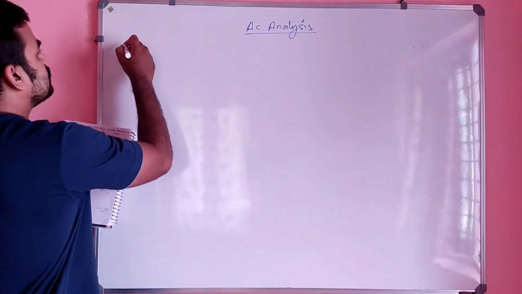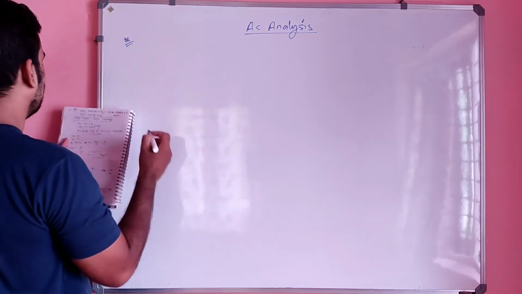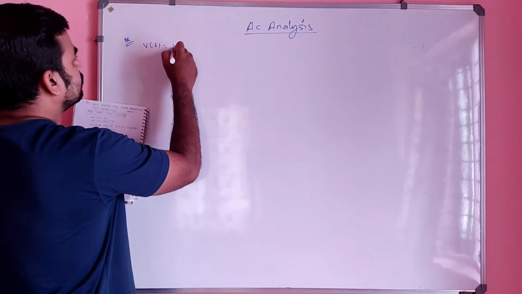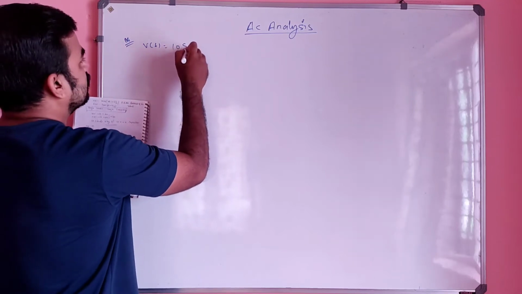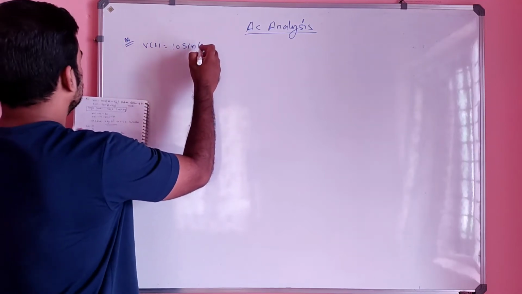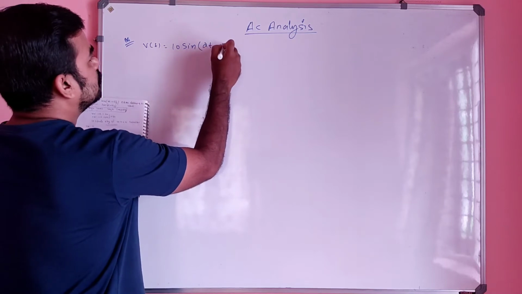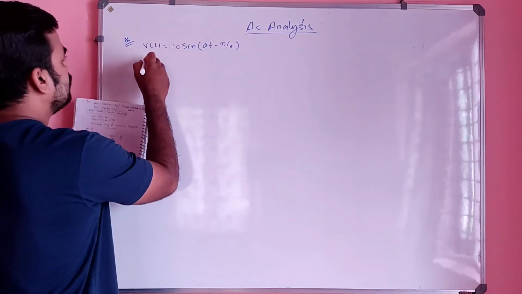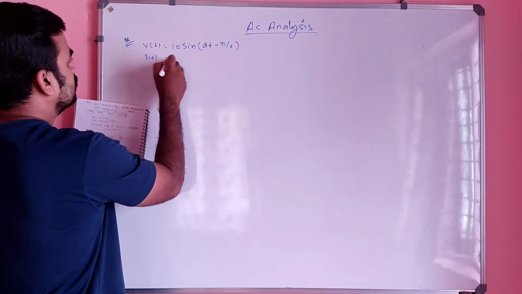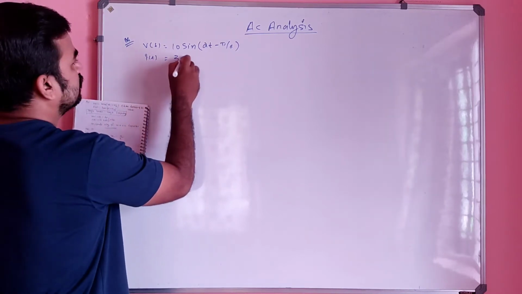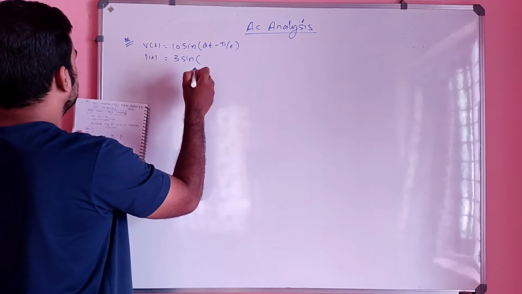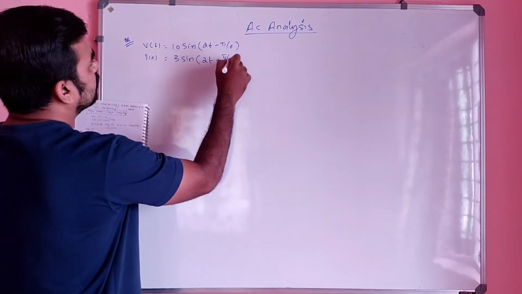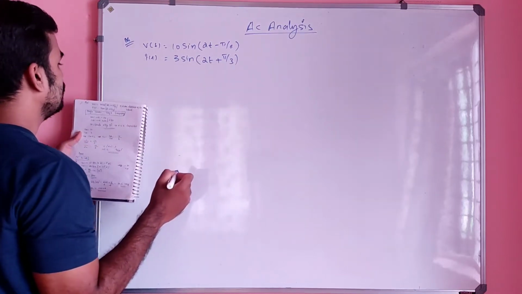Okay, let's write a question. Let v of t be given by 10 sin(2t minus pi by 6), and i of t be given by 3 sin(2t plus pi by 3).